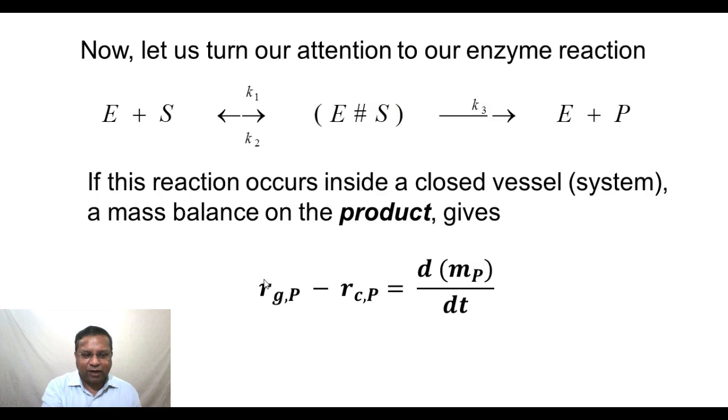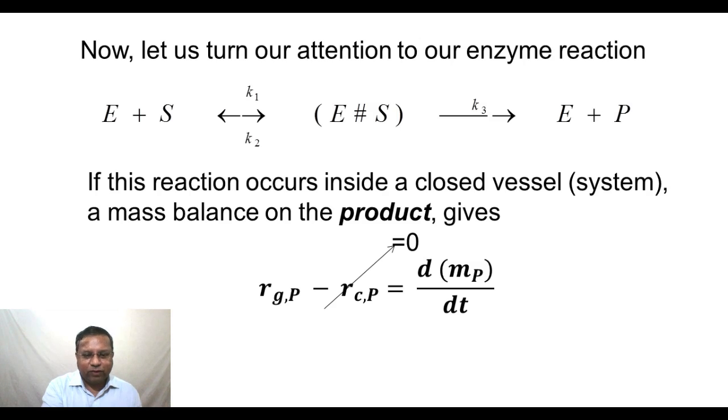Remember, this is a batch reaction, and therefore the input and output rates are 0. So those two terms disappear, and we have only the generation and consumption terms associated with the product. So the rate of generation minus the rate of consumption of the product equals the rate of accumulation of the product. All this in mass terms.